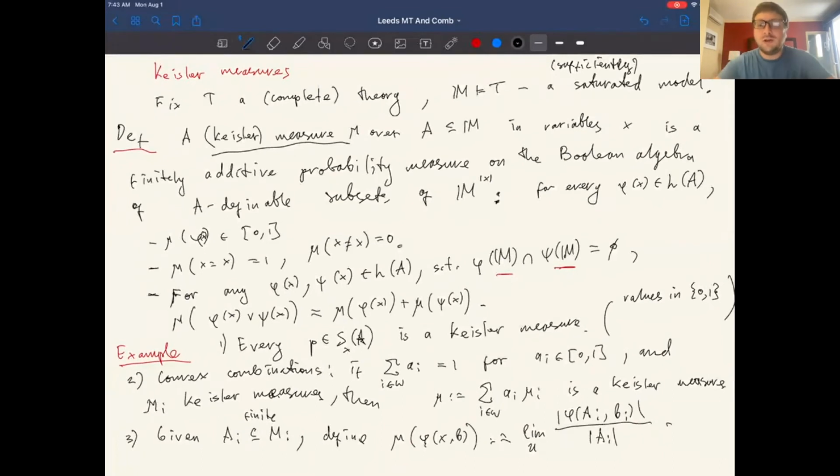So what we can do is take the ultralimit of the normalized cardinalities of the finite sets in a given family. And this again gives us a Keisler measure.